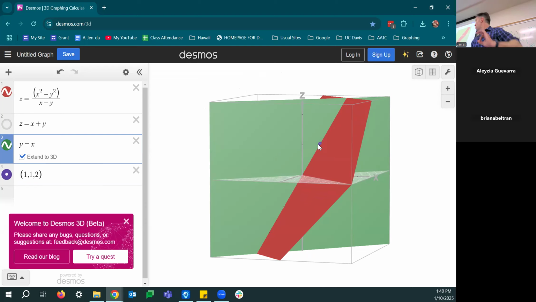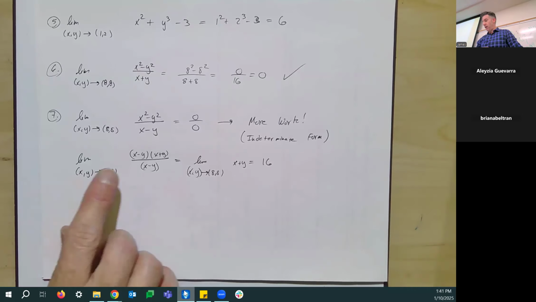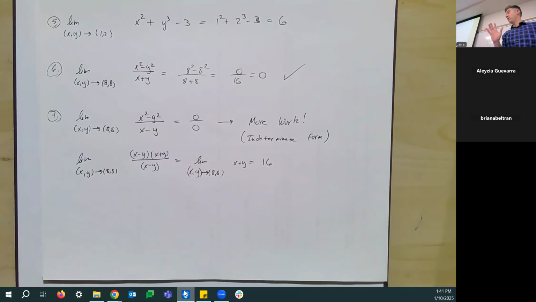Because if you actually plugged in 1 for x and 1 for y, you would get 0 divided by 0. But just like in 17a, the function doesn't have to be defined somewhere for the limit to exist there. You just have to have the values from every possible direction of approach towards that point all being the same. And they are in this example.